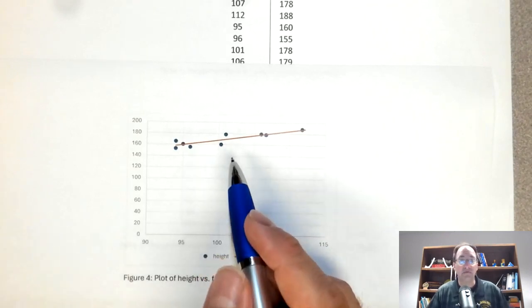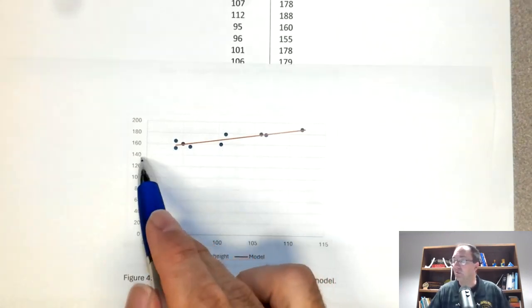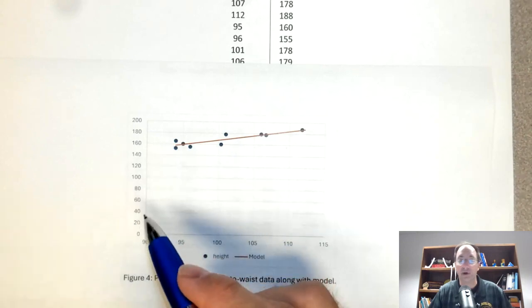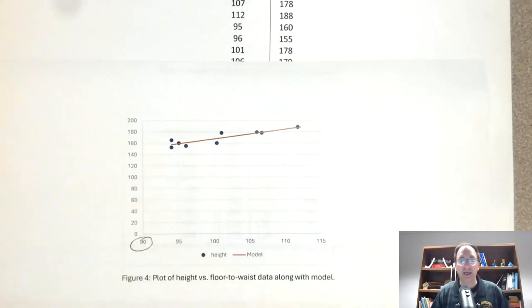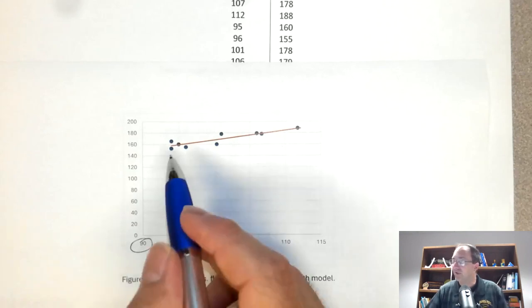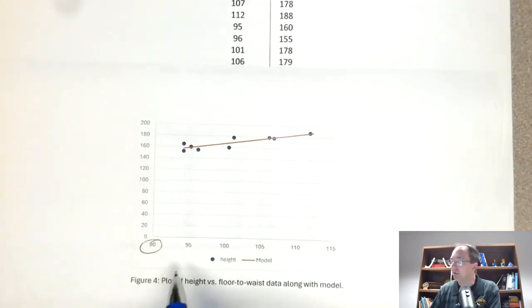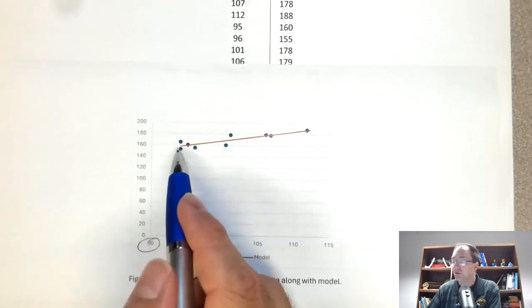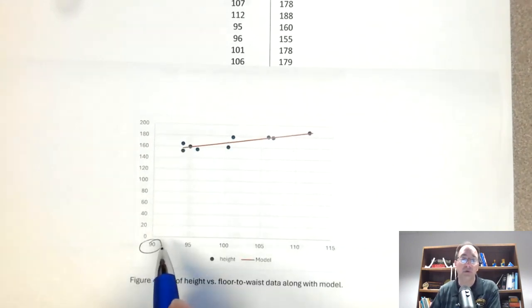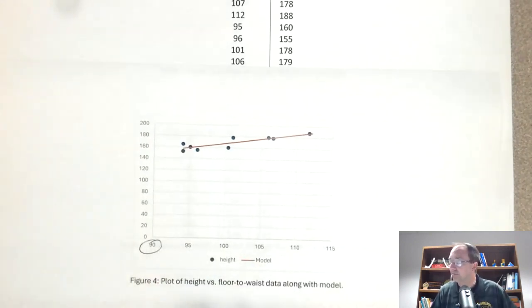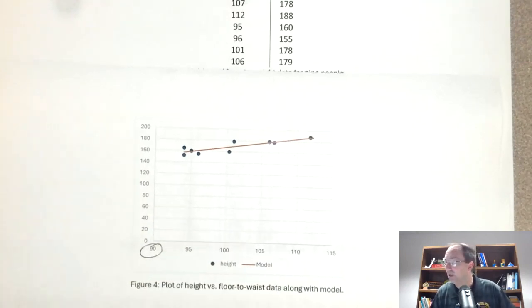This may look like it's not proportional because it may appear that the y-intercept is nowhere near 0, but notice that our x-axis starts at 90. And so if we continue this slope all the way to 0 centimeters, sure enough, our orange line will cross through the origin. So that part is okay, even though it may not look like it from the graph.